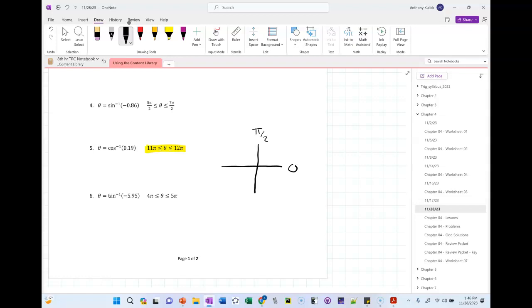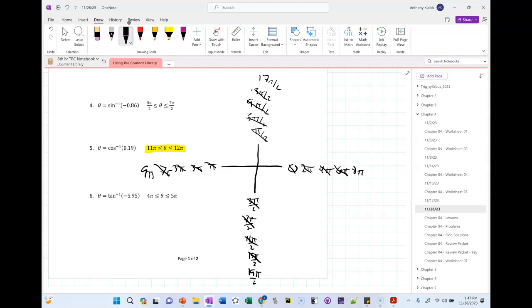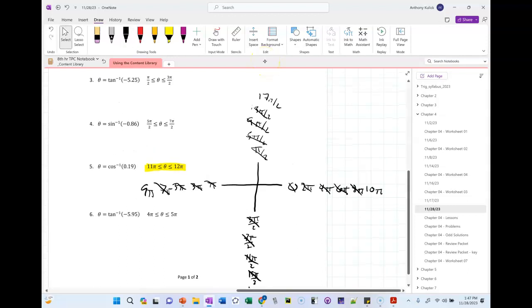So we have 0, 1 half, 2 halves, 3 halves, 4 halves, and so on, counting up through 10 halves, 11 halves, 12 halves, and continuing through 21 halves, 22 halves. That's the start.